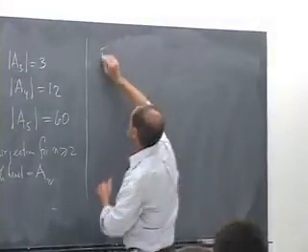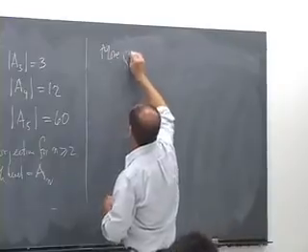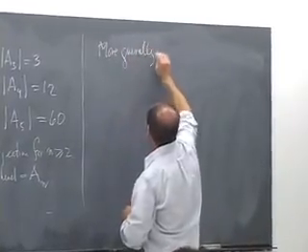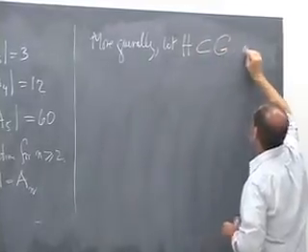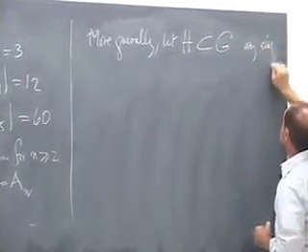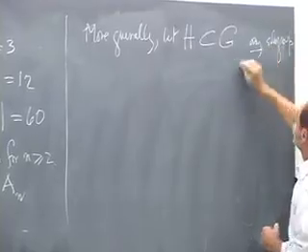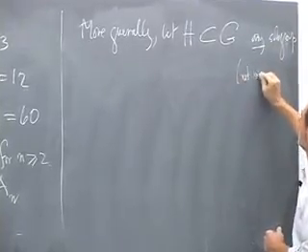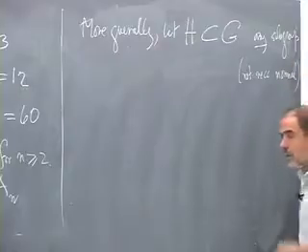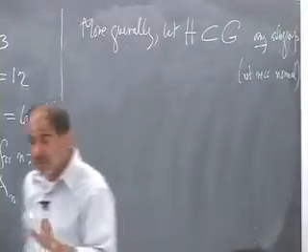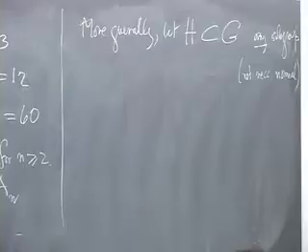More generally, let H be any subgroup of G. Not necessarily normal. So it doesn't necessarily come from the kernel of a homomorphism.